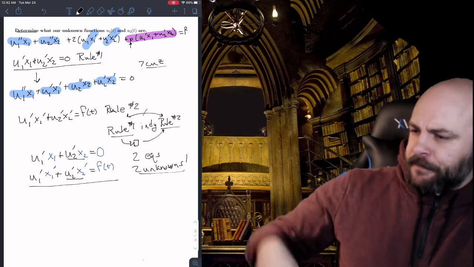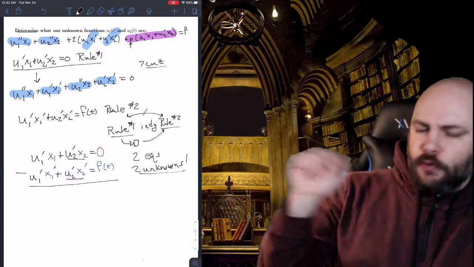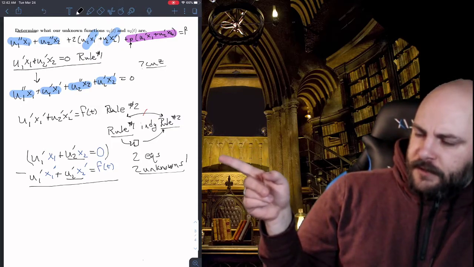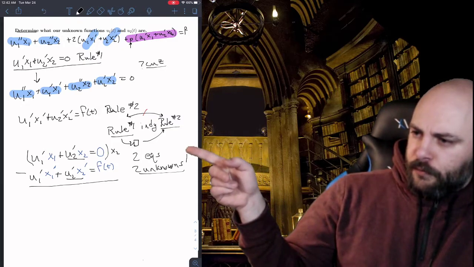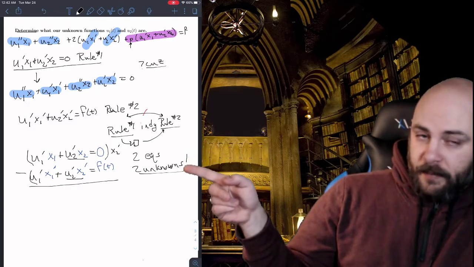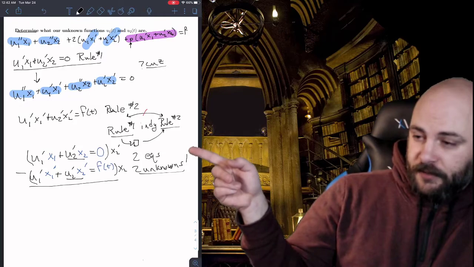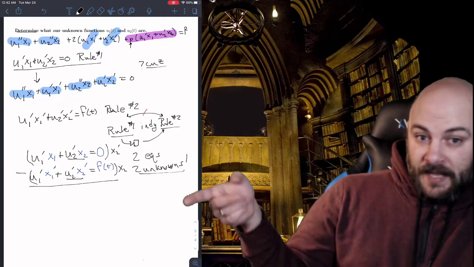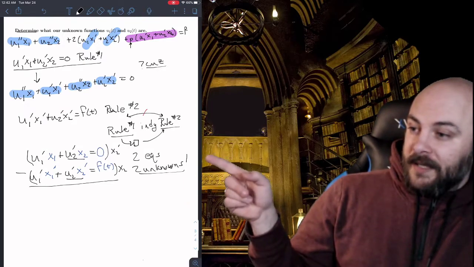But what I'm going to do, let's go ahead and get rid of the u2 primes first. We're going to notice that that first equation's term, u2 prime x2, is missing an x2 prime when I compare it to the one on the bottom. So let's multiply the entire first equation by x2 prime and the entire second equation by x2. And then subtract them. So what am I left with?